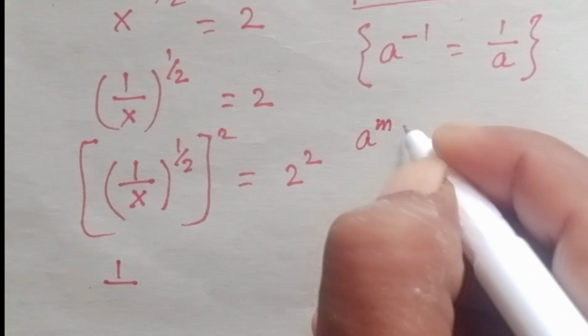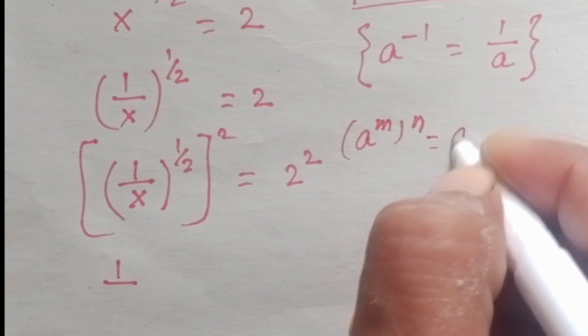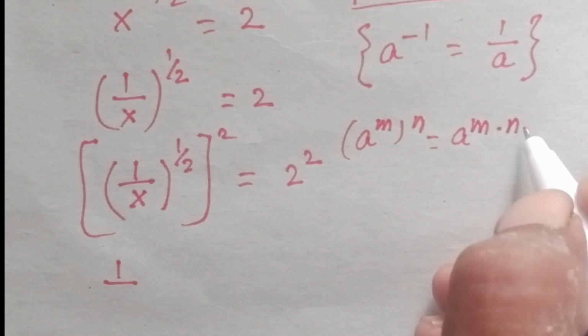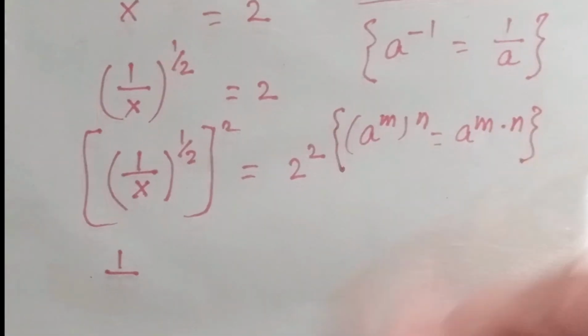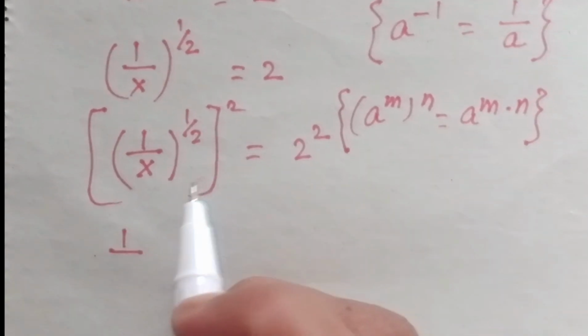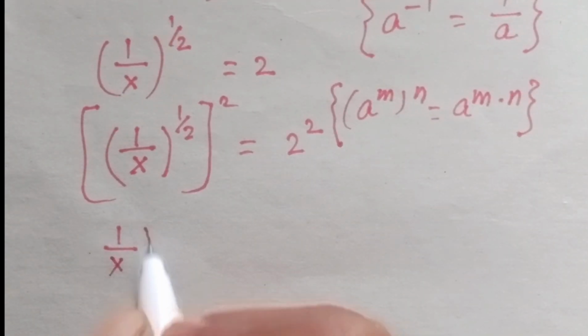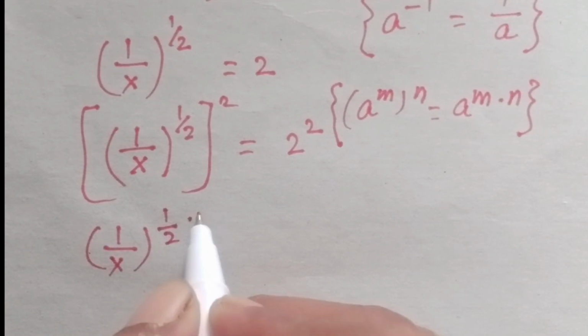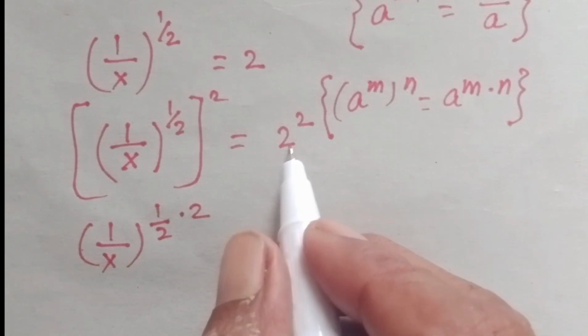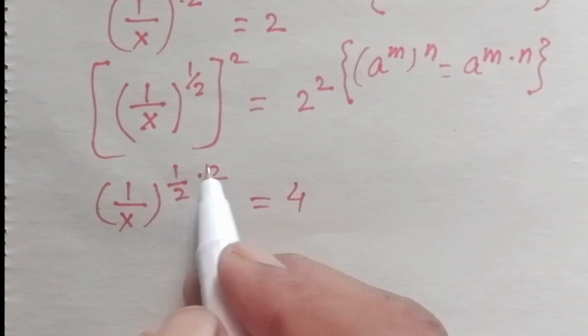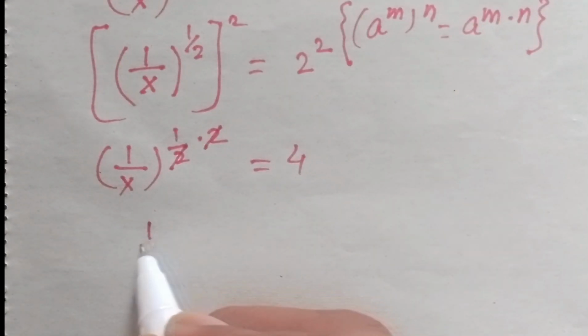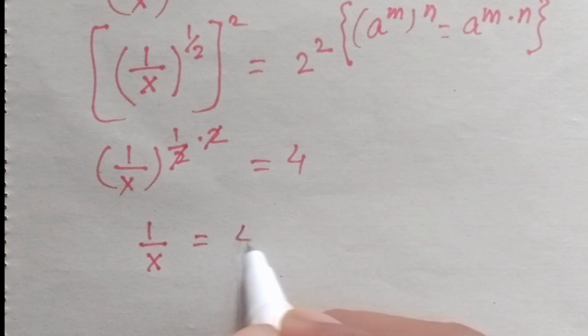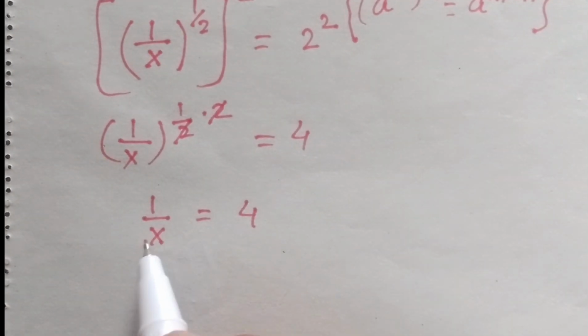According to the power rule, (a to the power m) whole to the power n is equal to a to the power m times n. So open the bracket: (1 over x) to the power 1 over 2 times 2 is equal to 2 squared, which is 4. This 2 and this 2 cancel. It will be 1 over x is equal to 4.